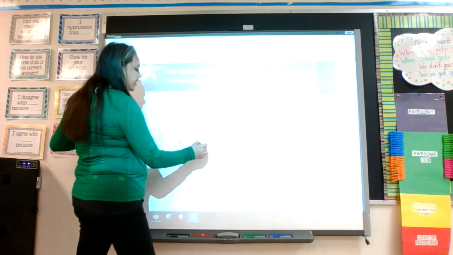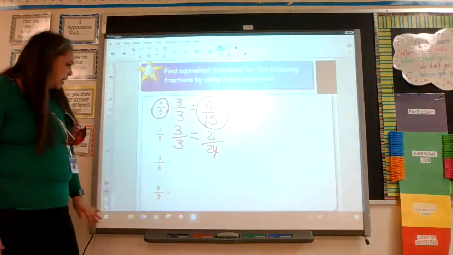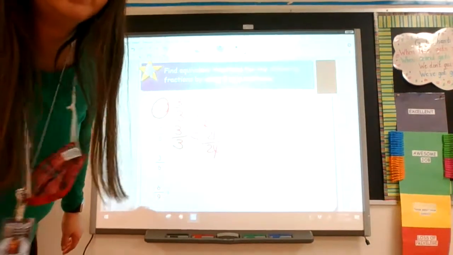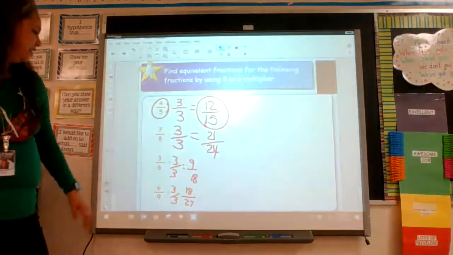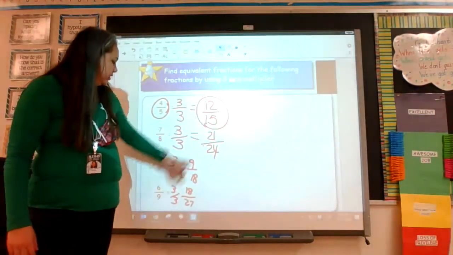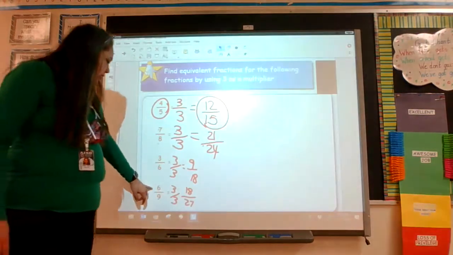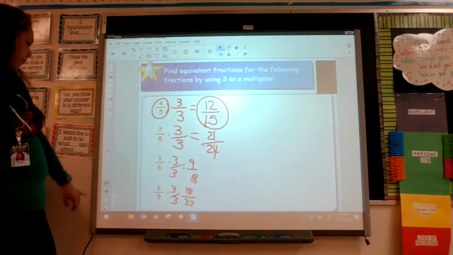So 7/8 is equal to 21/24. Finish this page on your own. Okay, coming back, hopefully you got 3/6 and 9/18, and you got 6/9 and 18/27. Those are equivalent fractions there.